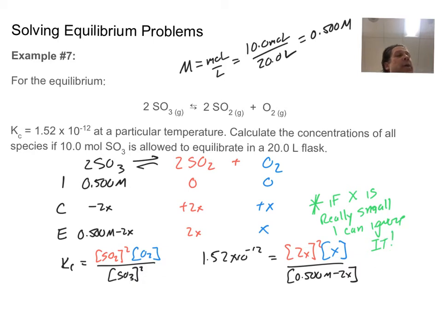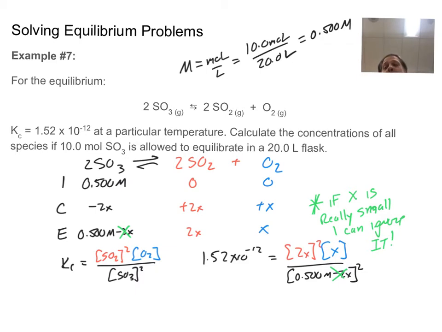I don't know if x is small enough to ignore, but I'm going to go with it in this case. And because I'm going to go with it, I'm going to say that the value for the concentration of the SO3 is just going to be 0.5 squared.